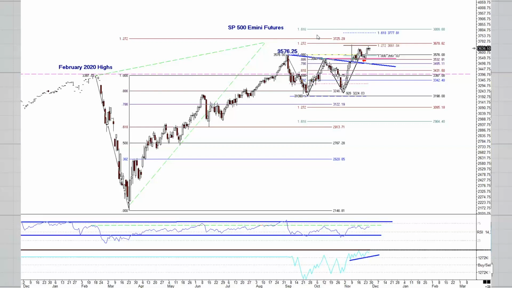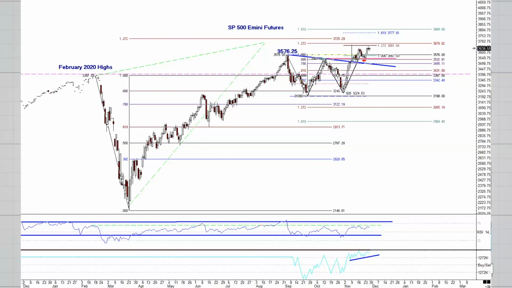So let's walk through this chart real quick and I'll show you how I'm getting those numbers. Let's start on the left side, the February 2020 highs. I'm taking the length of the high down to the March lows and extending it using a 1.27 Fibonacci extension ratio. That's bringing it up to 3725.